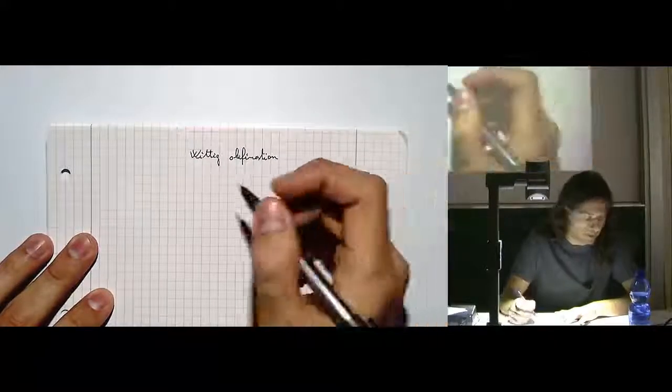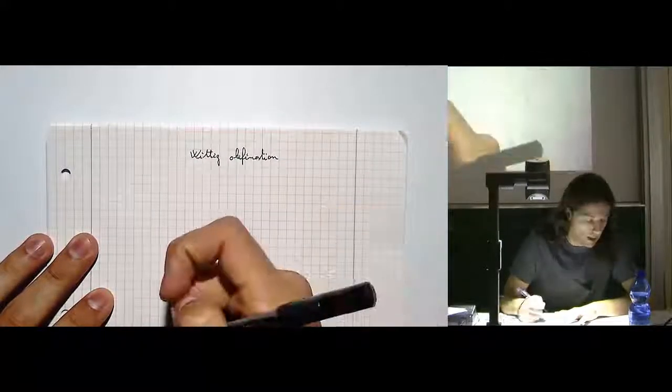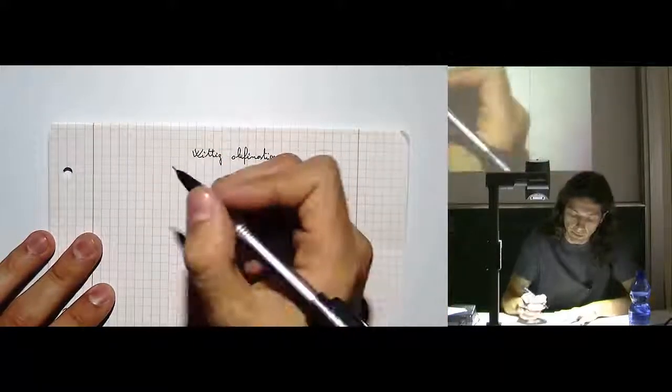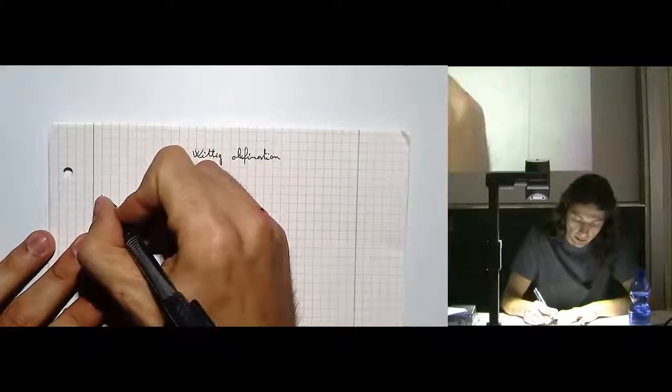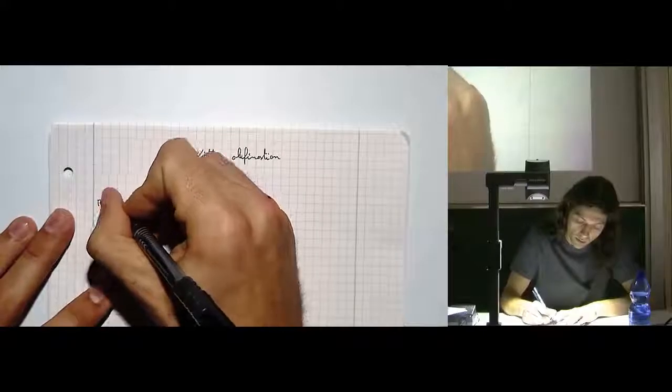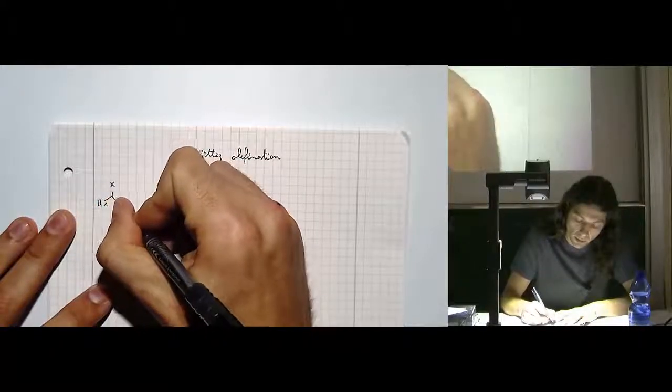The synthesis of the halide takes place from a reactant which has, as I said before, a good leaving group.